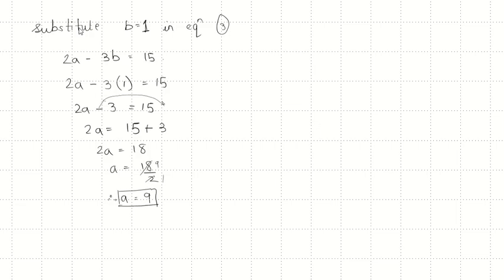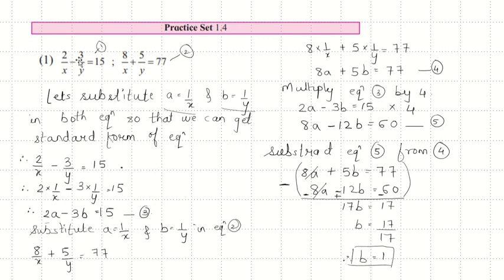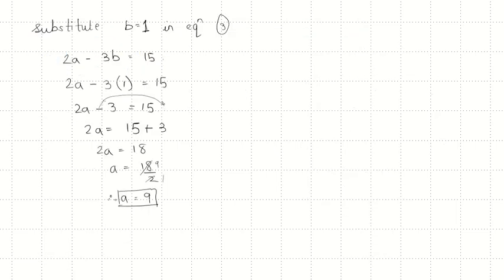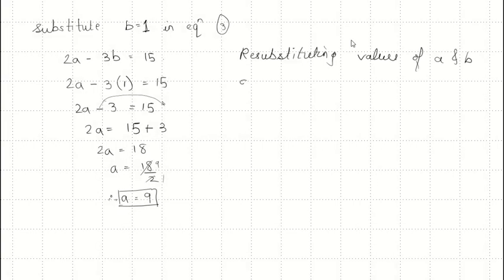Now we got the values of a and b, but in the equation we had 1 upon x and 1 upon y, that is 2 upon x minus 3 upon y. So we will now resubstitute the values of a and b in equations 1 and 2. Here, resubstituting, a is equal to 1 upon x, which is 9, and b is equal to 1 upon y, which is 1.